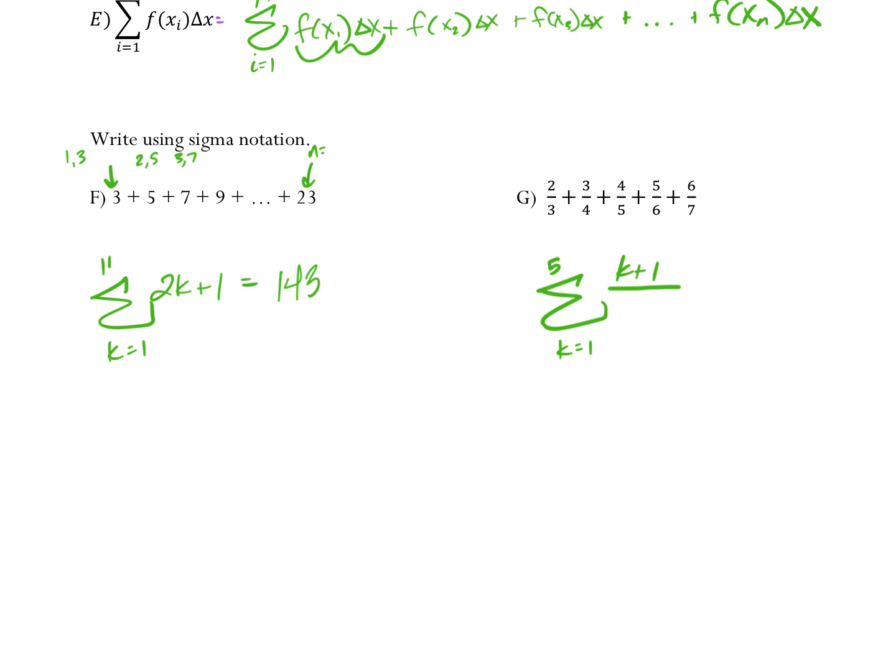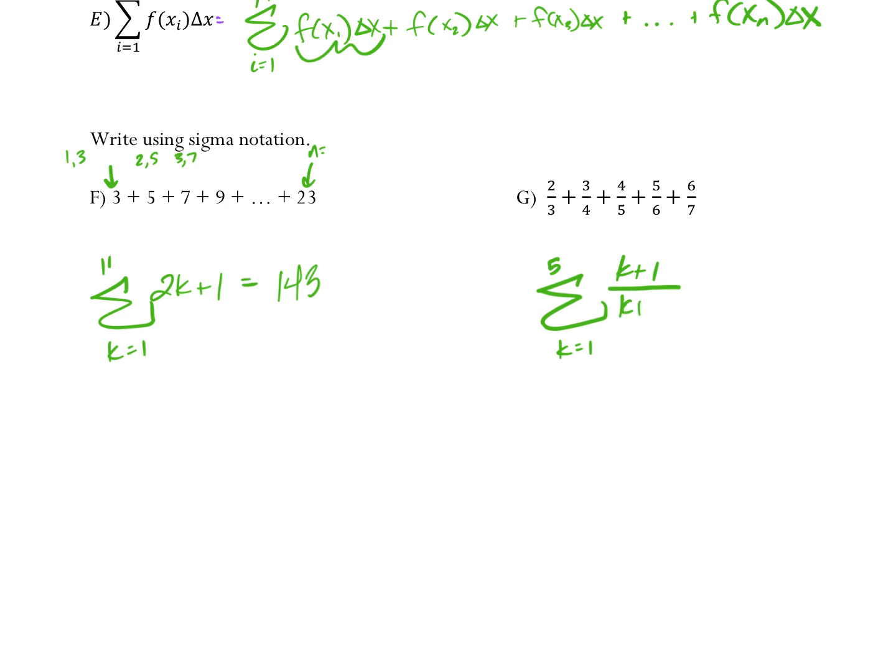So this is 1 plus 1, 2 plus 1, 3 plus 1, 4 plus 1. And the bottom is K plus 2. Is this making sense? If it has the dots, you have to count it. So overall, it's K plus 1 over K plus 2.